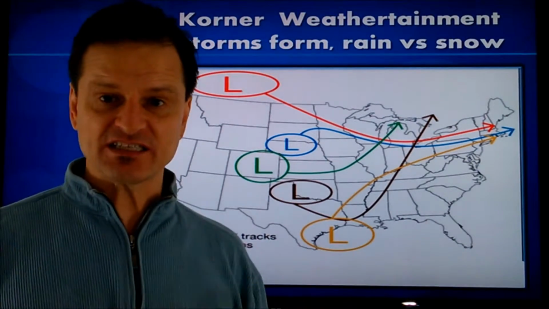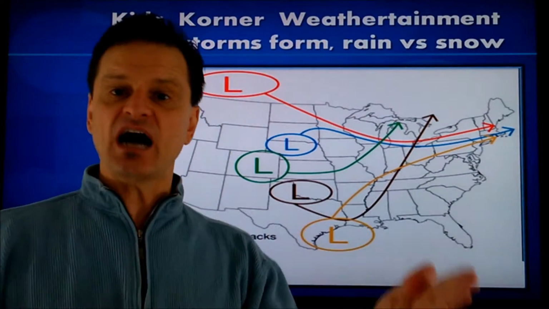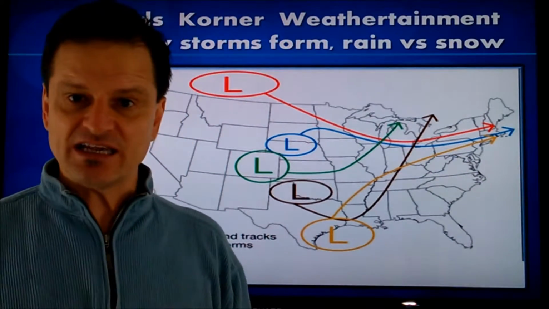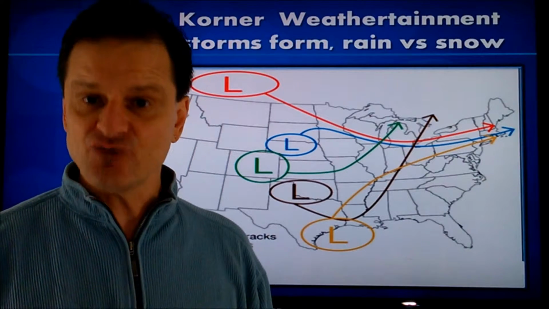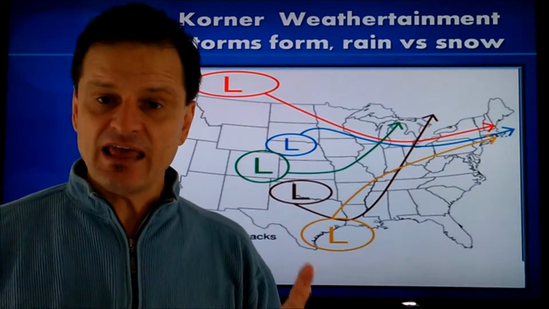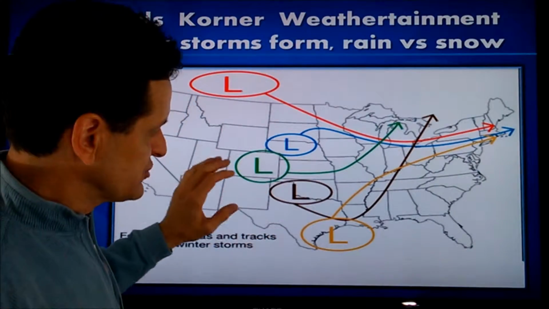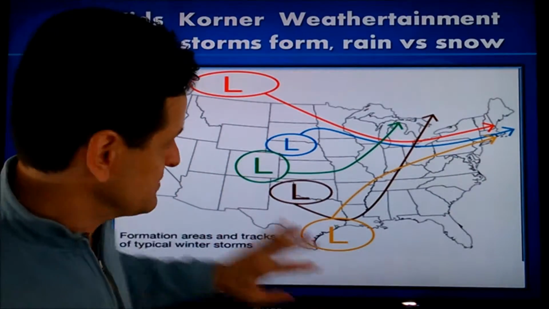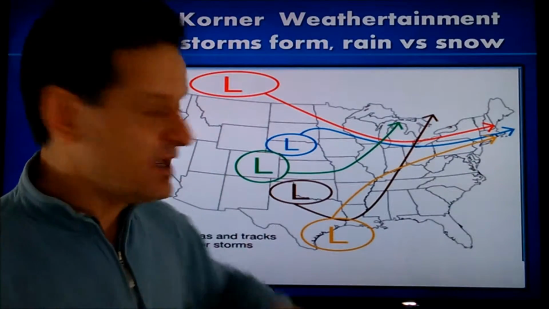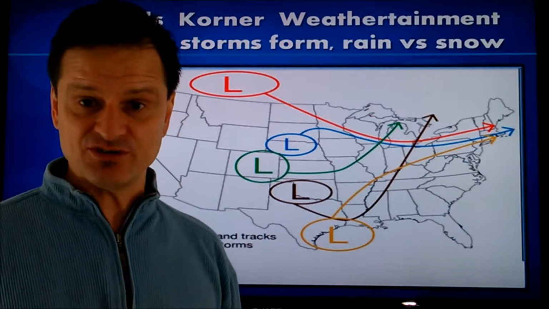So it's the opposite of a cyclone, an anticyclone, a high pressure area, and therefore it gives the opposite weather that low pressure areas give. Low pressure areas tend to give clouds and rain. High pressure areas tend to give clearer skies, and their temperatures are based on where they come from. So if a low pressure system or a high pressure system comes from the south, it would bring warmer temperatures most of the time. If they were to come out of the north from Canada, they would bring colder temperatures.